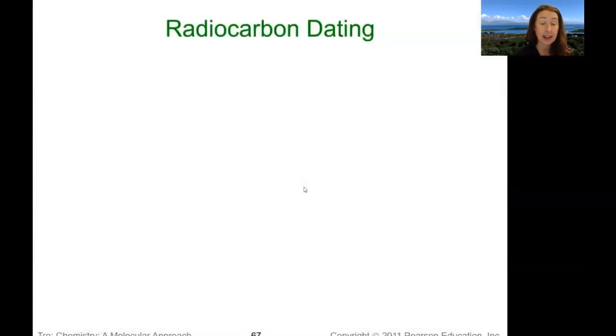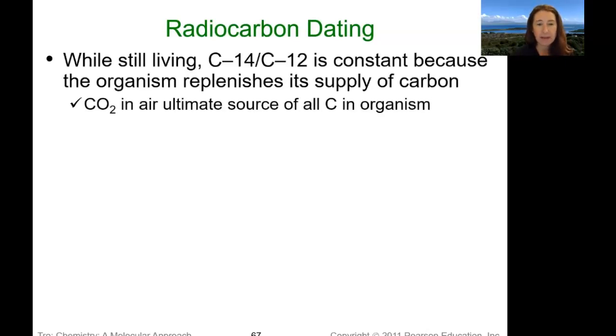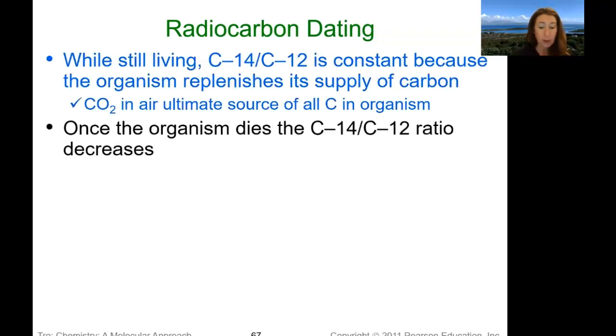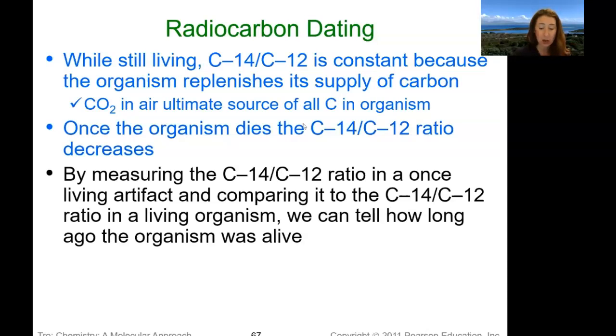It dates anything that was alive at one time. And because the half-life is about 5,000 years, it can't be more than 50,000 years old, or there's not enough carbon-14 left to actually date. All you can say is it's older than that, but you can't have an accurate date. So again, the carbon-14 to carbon-12 ratio is constant while things are living, but once it dies, the ratio begins to decrease.